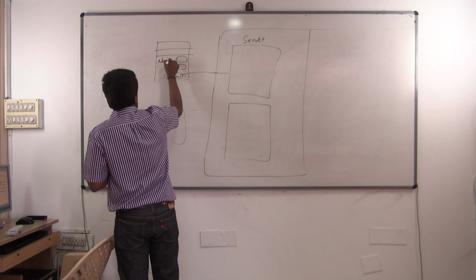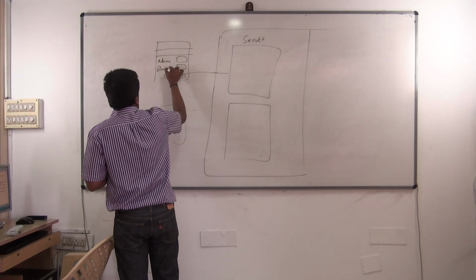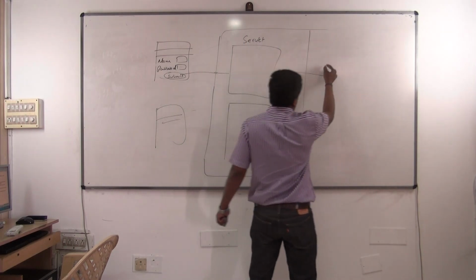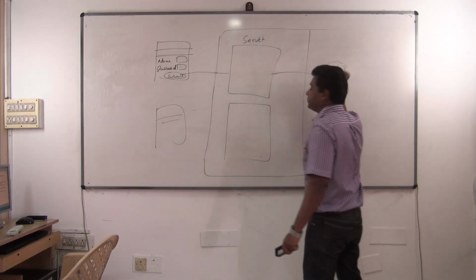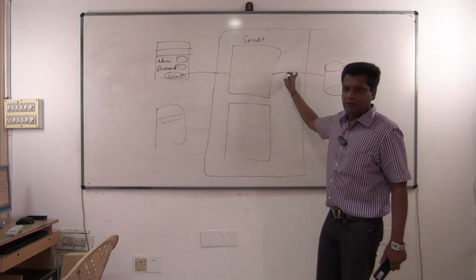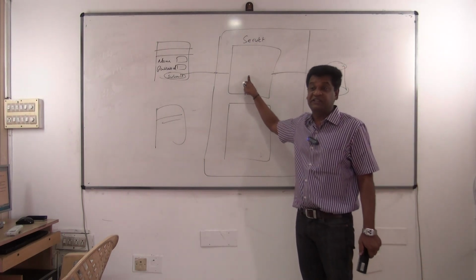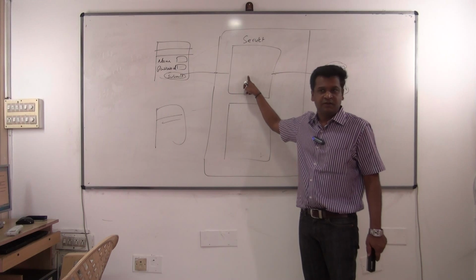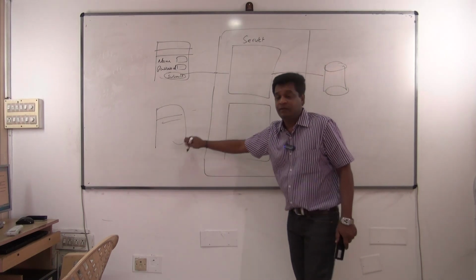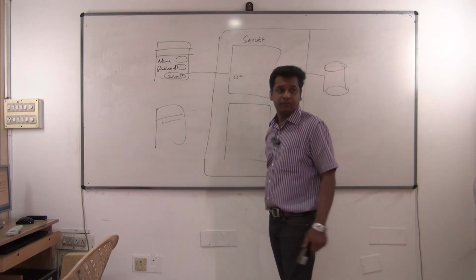Your servlet will accept the request, connect to the database, retrieve the value. Where are the values? In the result set, because you will be using JDBC. Those values have to be displayed in the UI.